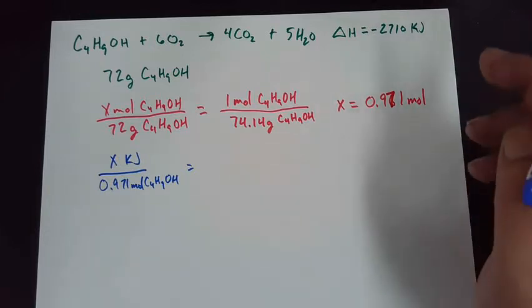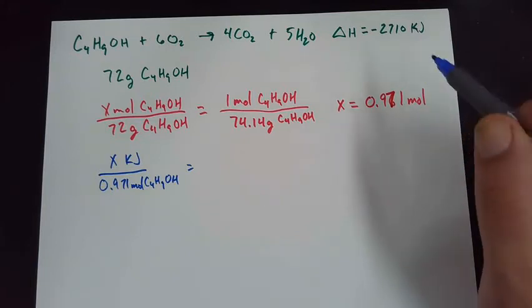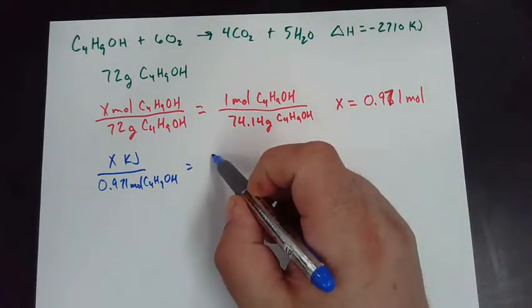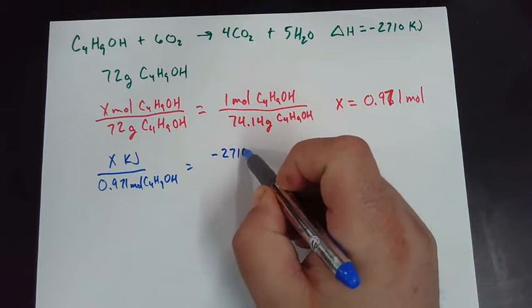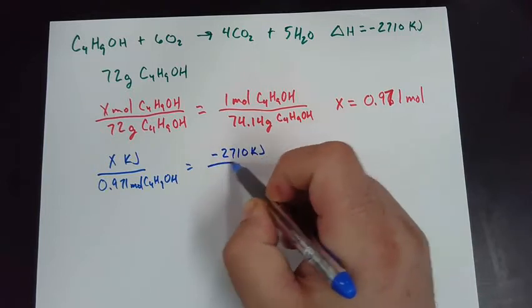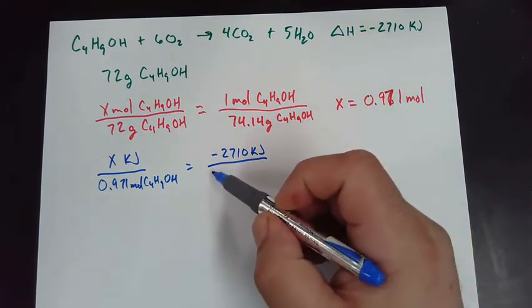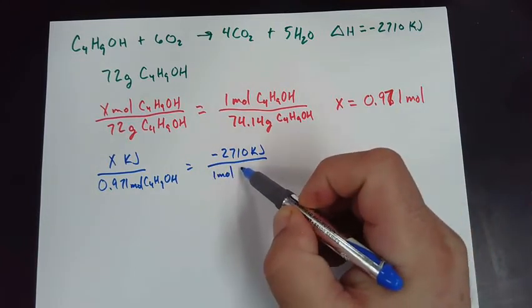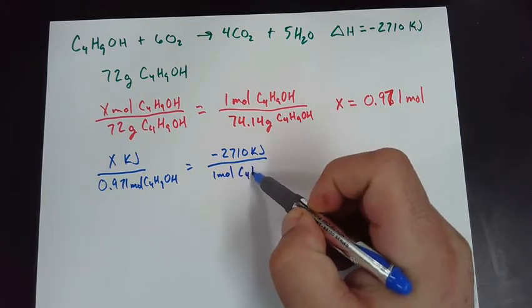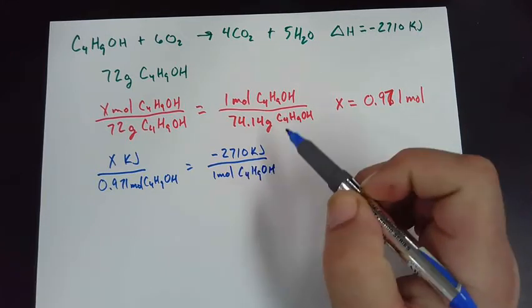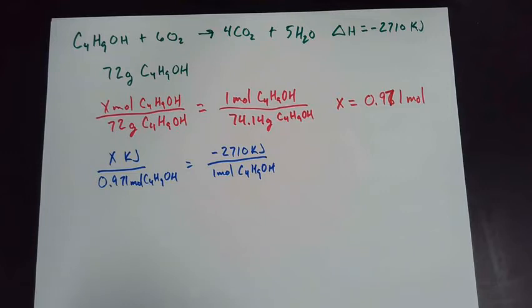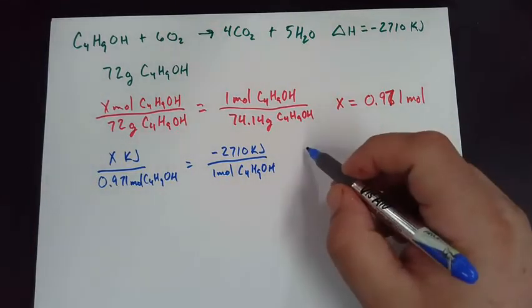The delta H is negative 2710 kilojoules over what? Over 1 mole of C4H9OH. Negative 2710, exactly. So what's our X going to be?